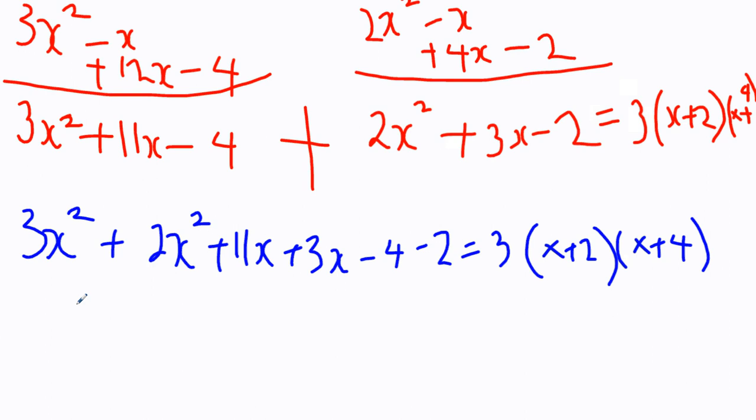So here becomes 5x squared plus 14x minus 6.